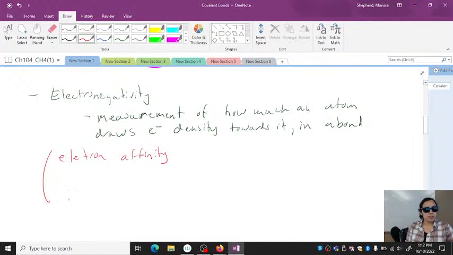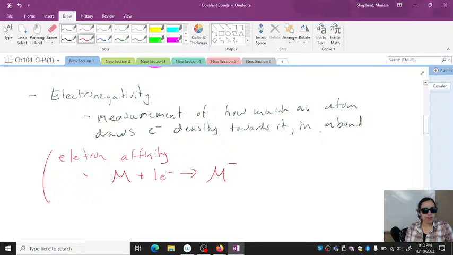There's just a small little difference. And so electron affinity is a gas phase reaction. So you would have a metal plus an electron is launched at it. And then what is the energy associated with making that? If that's favorable or not favorable.